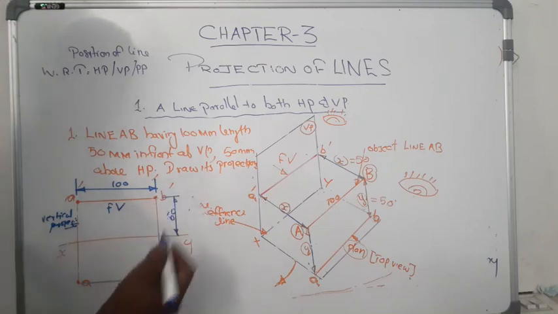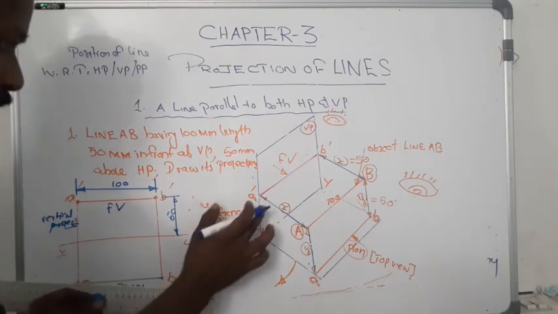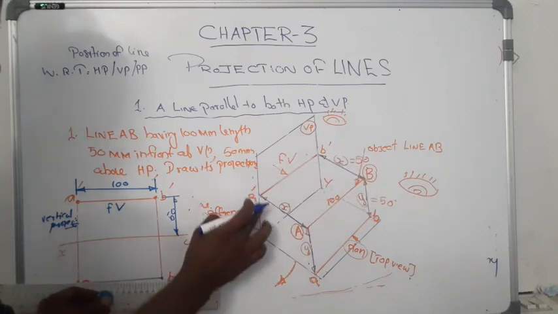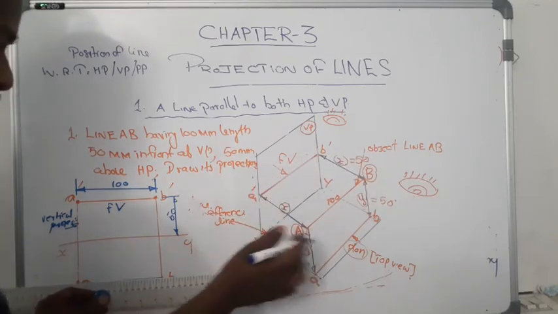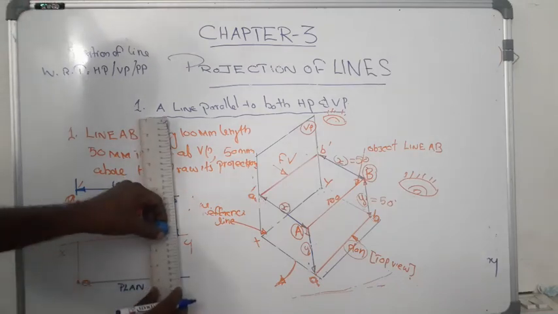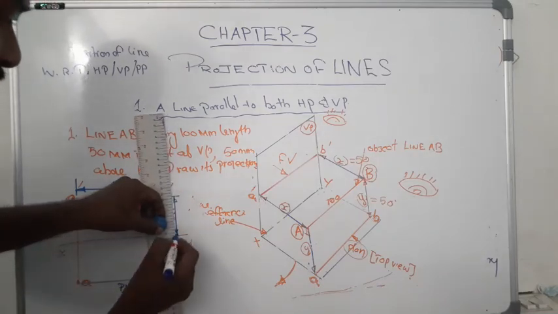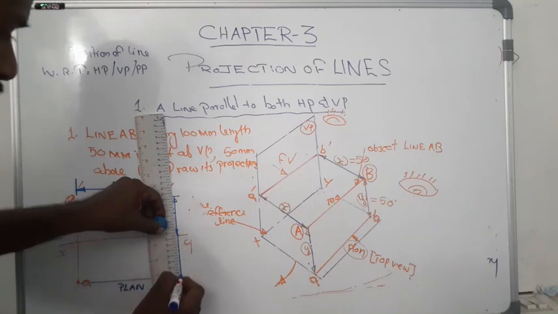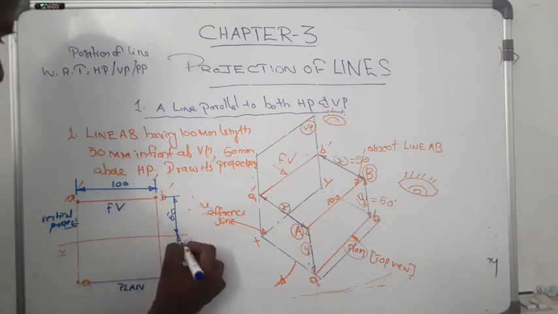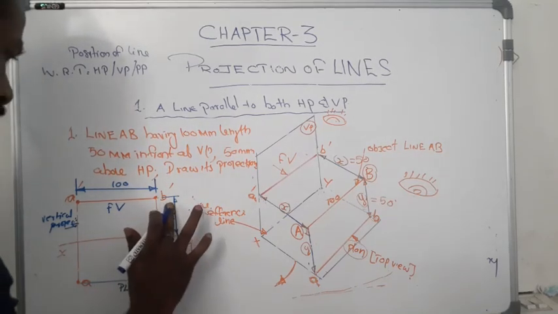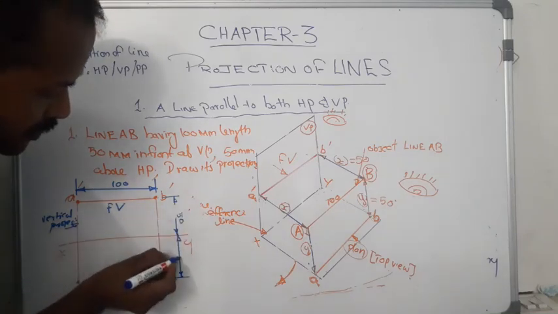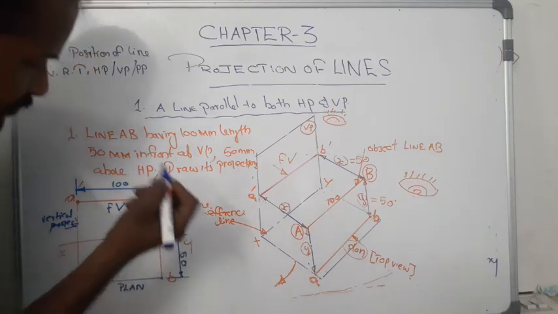And the X distance is also given, its value is 50 mm, that is in front of the vertical plane. According to first angle projection, the plan definitely comes below the XY line, keeping X distance from the reference line. That means this is also 50 and this is also 50.